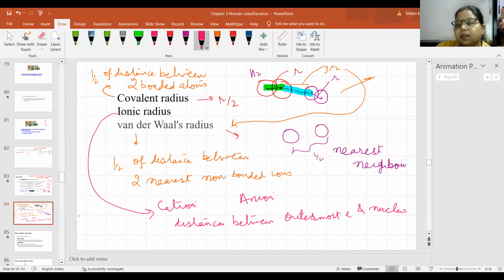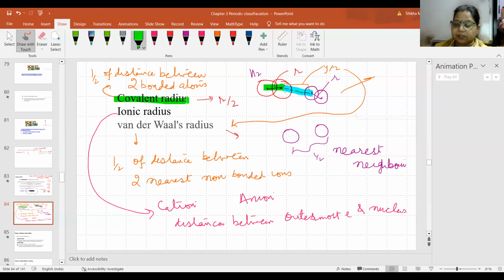Noble gases have only van der Waals radius because they do not combine to form a molecule. Ions, which can be cation or anion, have ionic radii, which is the distance between the outermost electron and the nucleus. The very important fact is that whenever I say atomic size or atomic radius, we largely mean covalent radius.